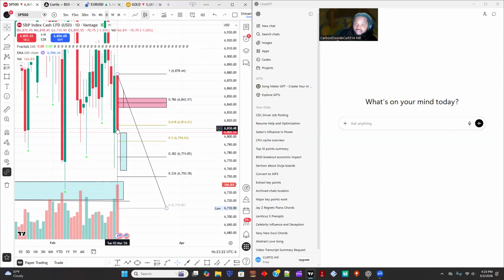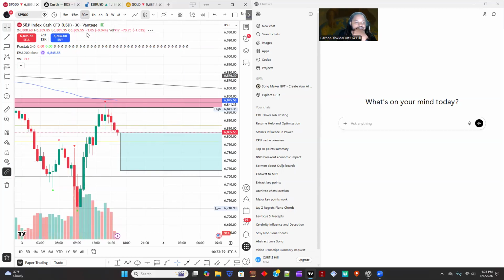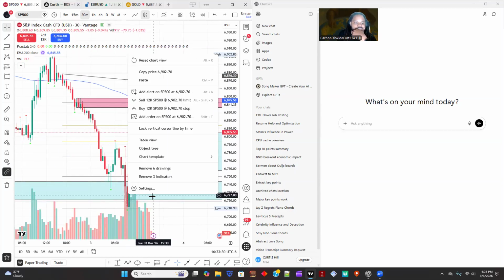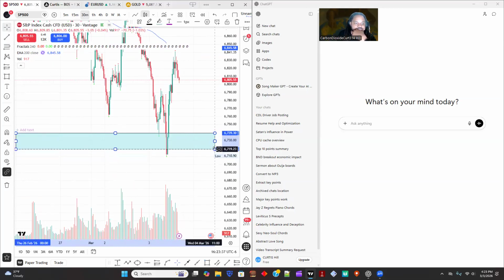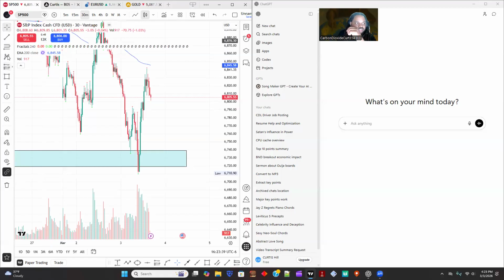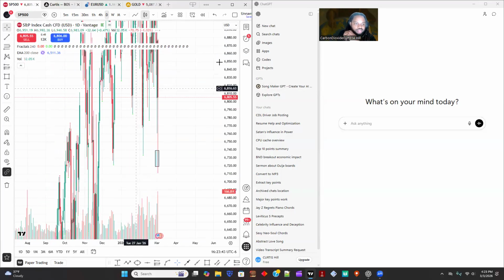Now on the flip side of that, because you want to look at both sides. If London session comes overnight, let's delete everything, and I'm going to keep the demand. If London session comes and these candles do this, that's the demand, right?